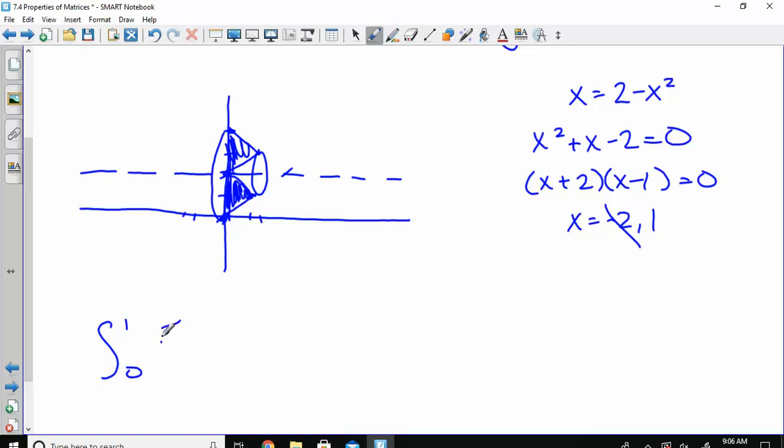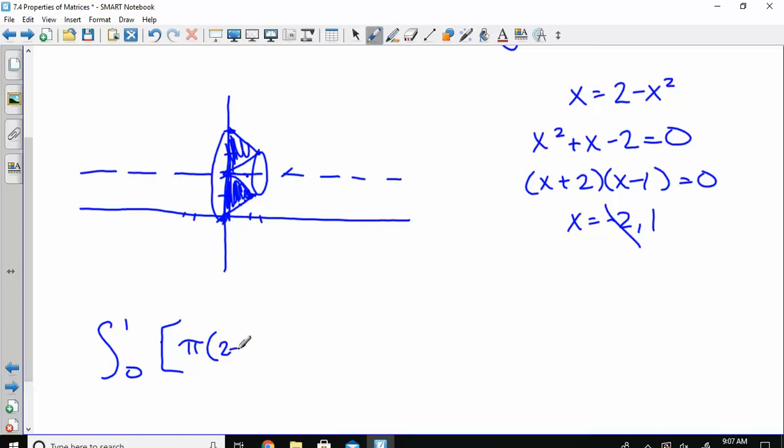Okay, so when we set this up, pi times. So if I took a cross section, if I sliced off the edge, you are starting here. So your radius would be from here out to the outside curve. So my radius starts at 2, and it would be 2 minus what for the first one?